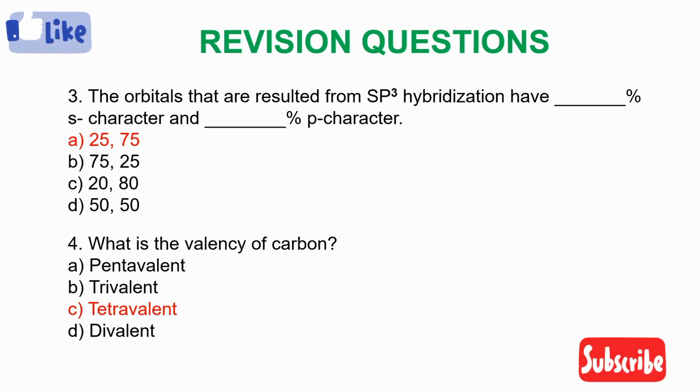So it's 25/75. What is the valency of carbon? Carbon is tetravalent because, from the lecture we had, in the excited state all the S and P orbitals will have one electron each, making carbon tetravalent.